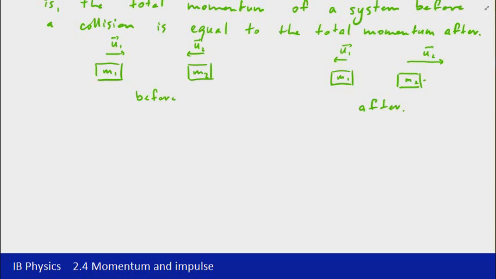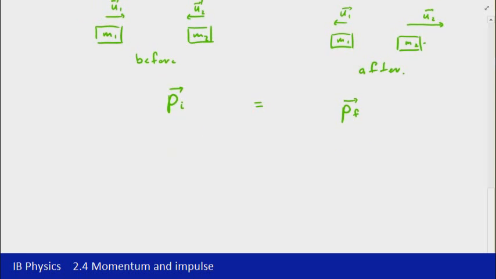So for momentum to be conserved, we need to consider the total momentum beforehand, so we can call that the initial momentum, Pi. That's going to be equal to the final momentum, Pf. But if we consider that initial momentum, we now have two objects to consider.